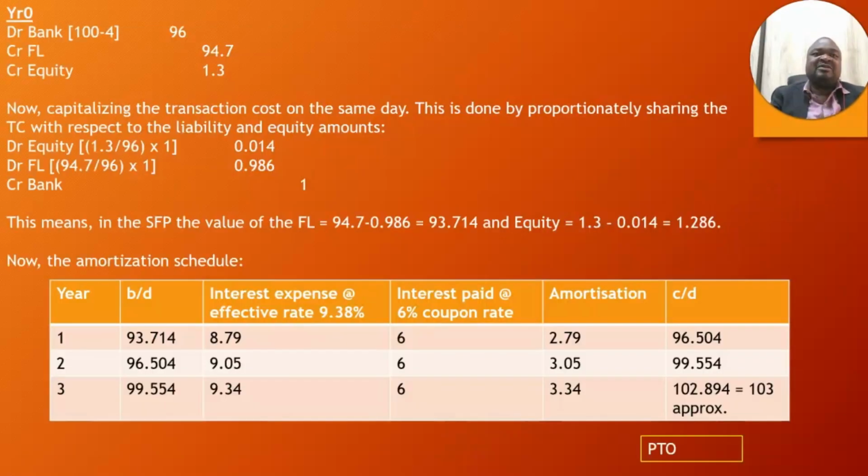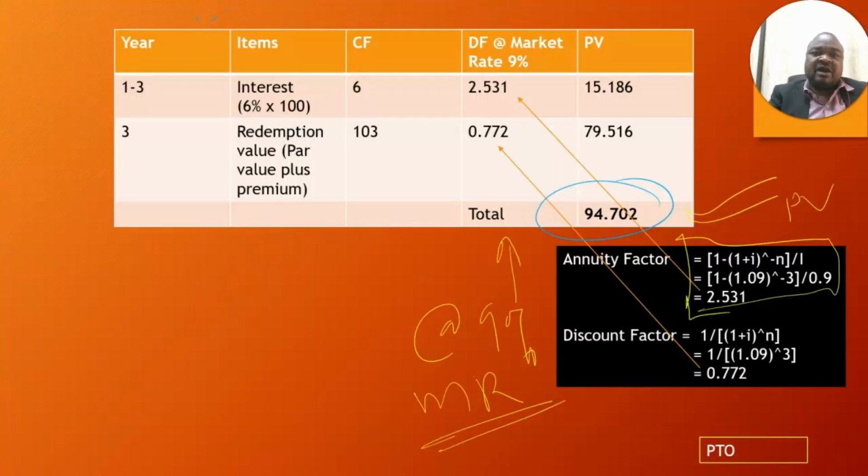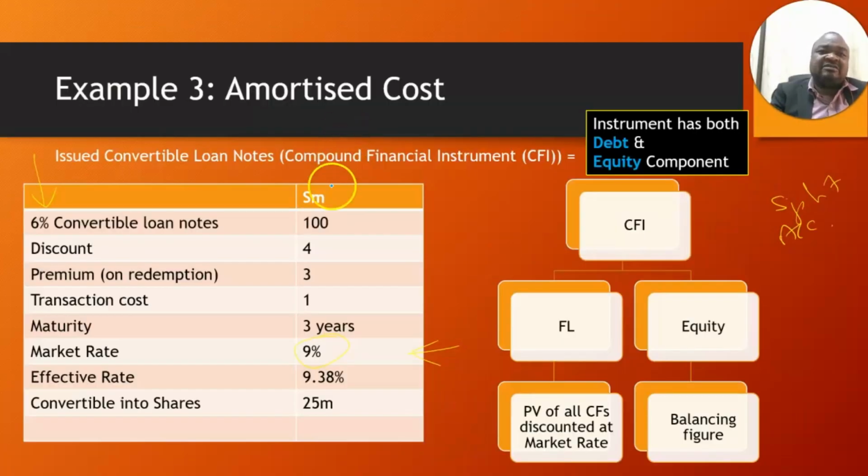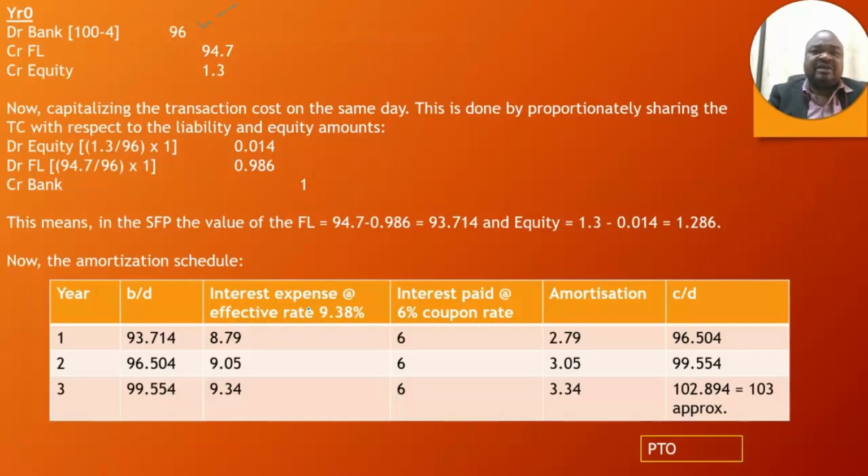Yes, the next step. So in year 0, you're going to debit bank with 96, because this is the amount, right? Remember, you are borrowing money, okay? So you are borrowing at a discount of 4, so you're only going to receive 96. However, with the transaction cost, it will be lessened by that amount as well.